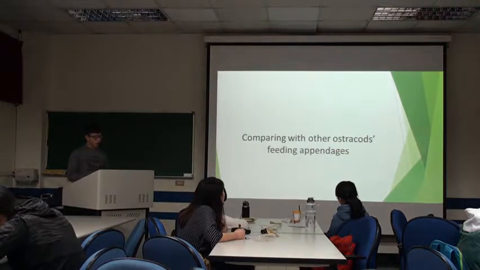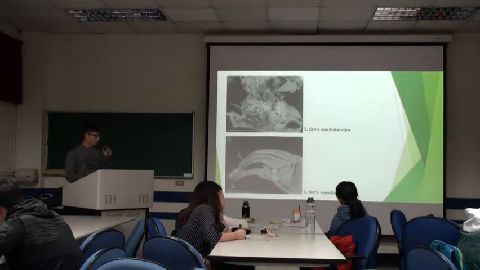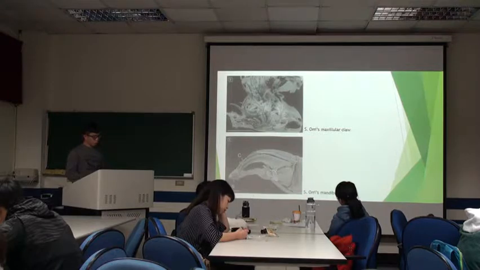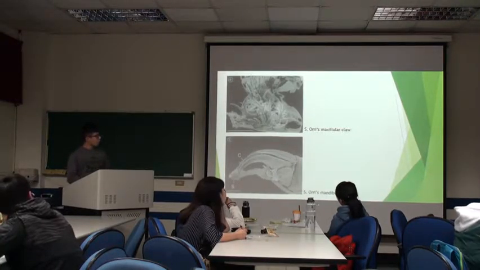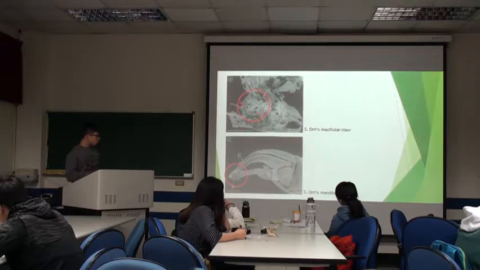And secondly, we compare with other ostracods' feeding appendages. As you can see in this picture, it shows Sheina orri's maxillular and mandibular claws. Sheina orri's maxillular claw is highly curved and large.